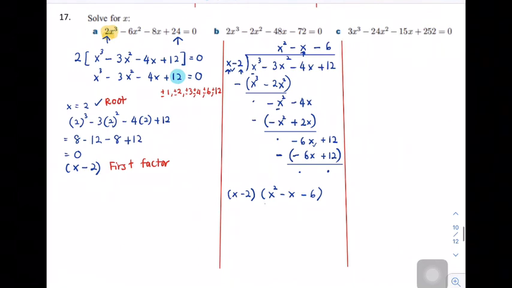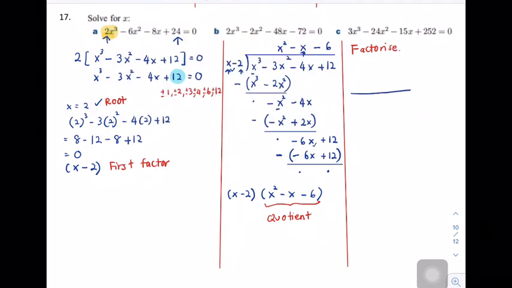So this is your quotient. You have to factorize. Okay, x squared, negative 6 and negative x.